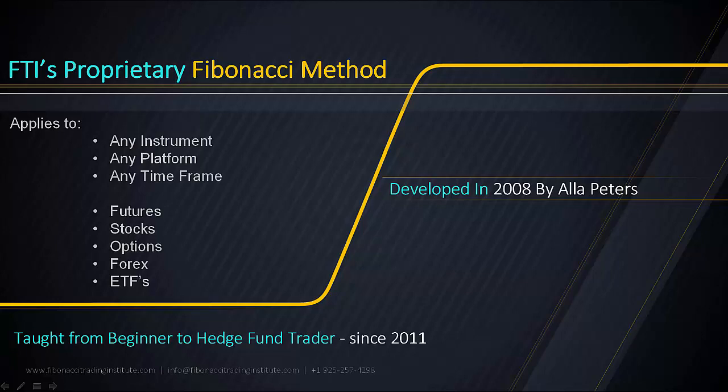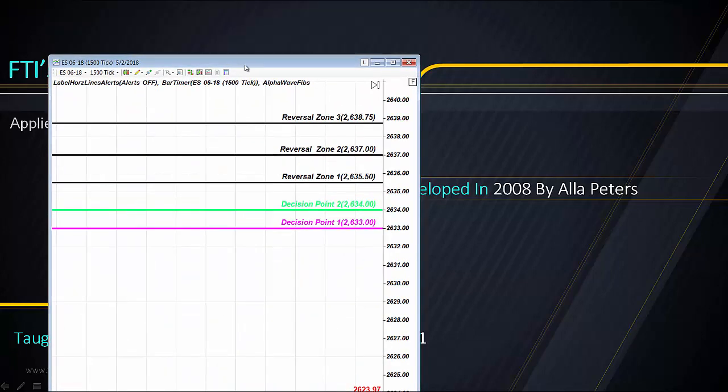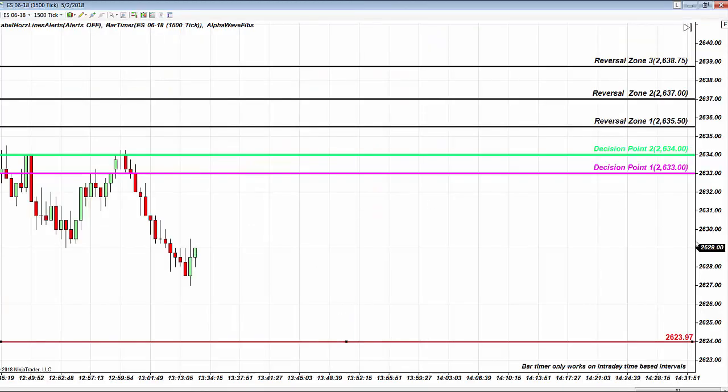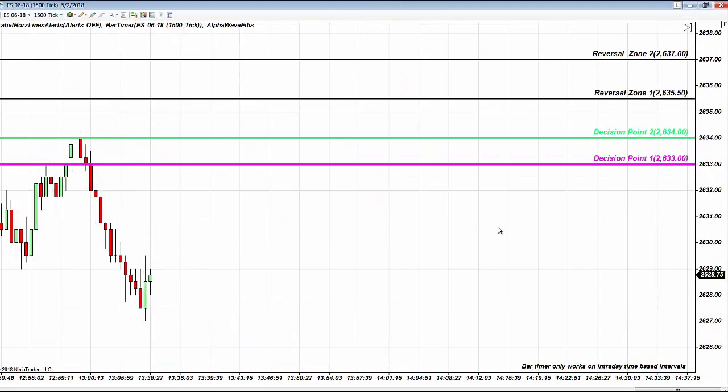This is what happened in the last few minutes in the market. This is for tick chart traders. 1500 tick chart. This is where S&P sold off from. And if this level looks familiar, this is what you master in the course as your key target.